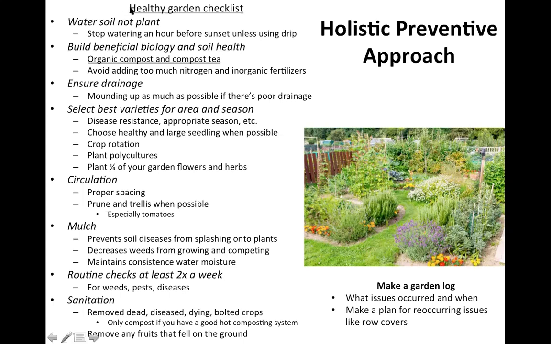Adding compost and compost teas builds up the beneficial bacteria and beneficial biology in your soil. That's like a probiotic. Not only is it going to keep your plants super healthy, but with compost tea you're going to spread a lot of beneficial bacteria and fungi that are going to compete against bad diseases.